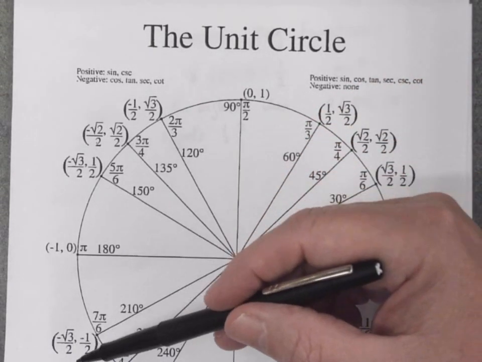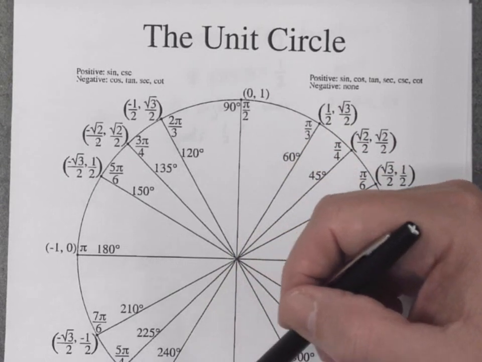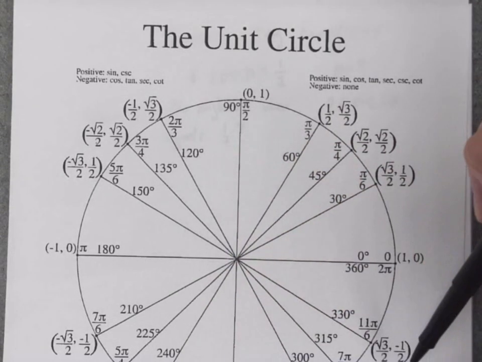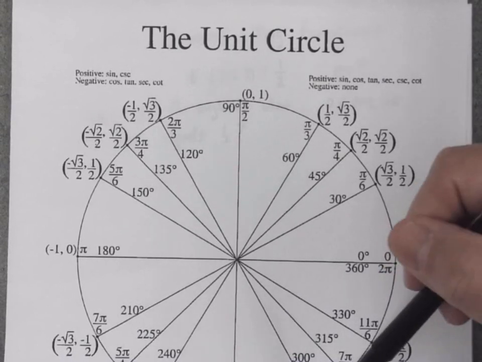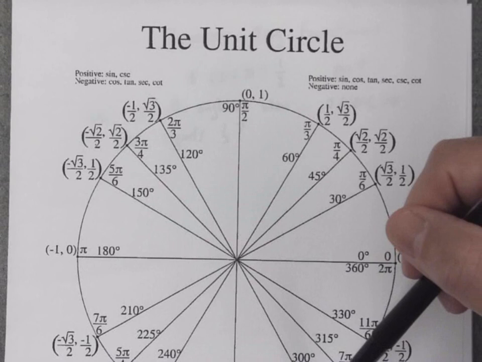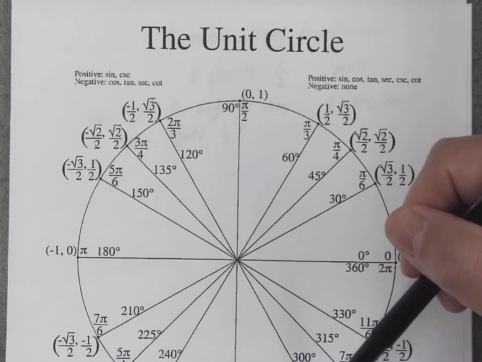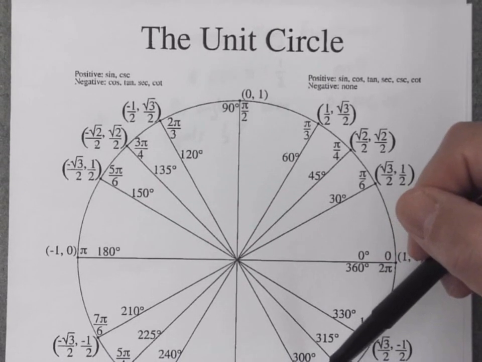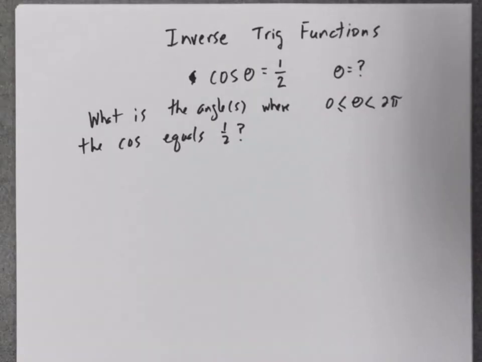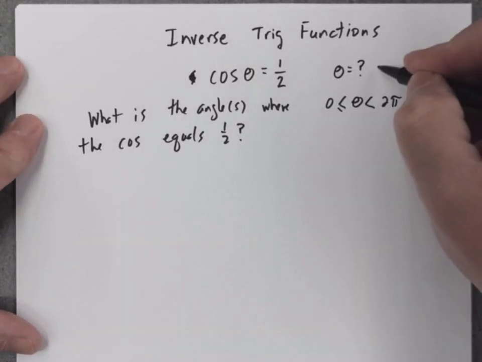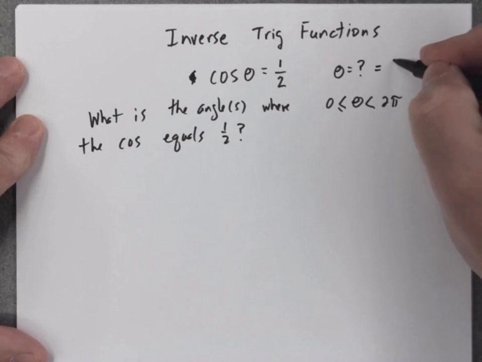And I keep going. Here's negative 1/2, negative 1/2. Oh, sorry, I was looking at sine. Actually, right here, the cosine is 1/2. So it looks like 5 pi over 3 and pi over 3. So there are actually two solutions.